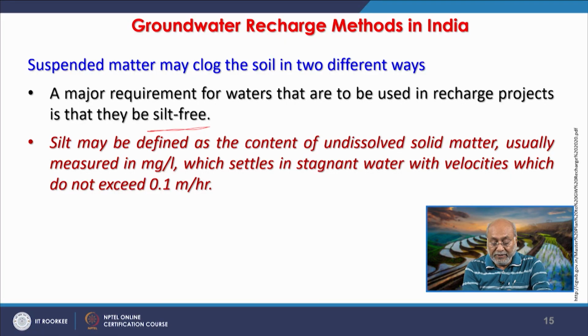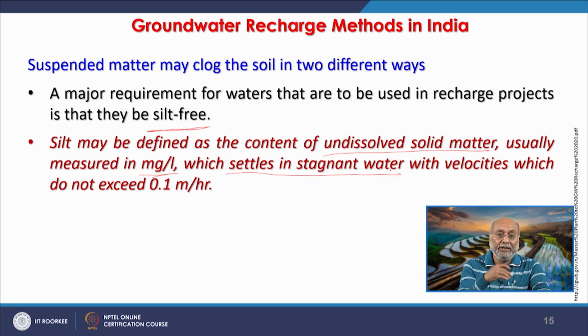As we know, silt is very fine sediment, undissolved solid matter, usually measured in milligrams per liter, and if we want to see it in terms of size, then it is a different criterion. But here we are seeing how many milligrams per liter are in the water. This will settle in stagnant water.